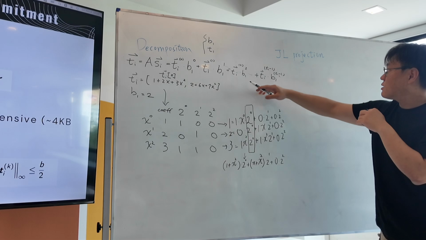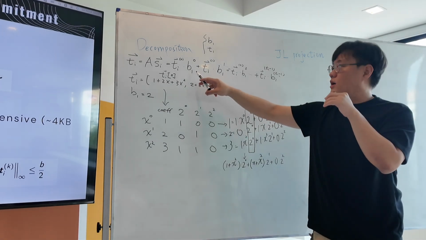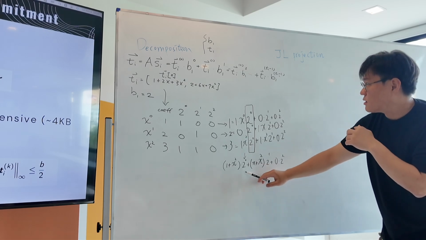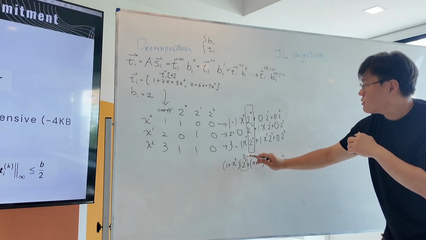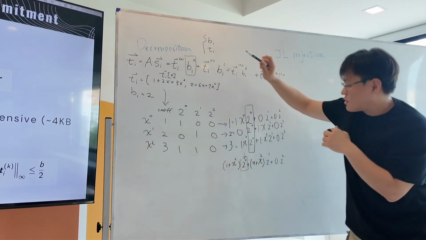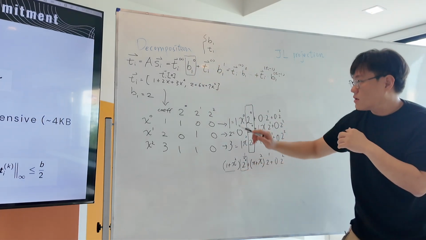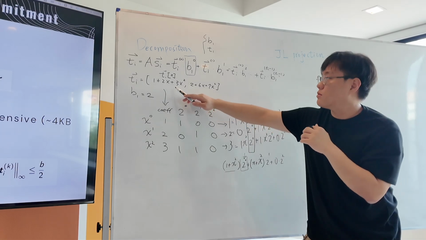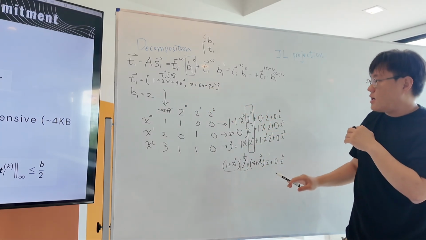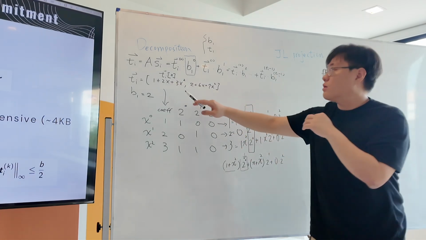Now back to here. Our base B1 is 2 now, so we can get the base here, which is actually less. So now we can get the first element and divide it into this.